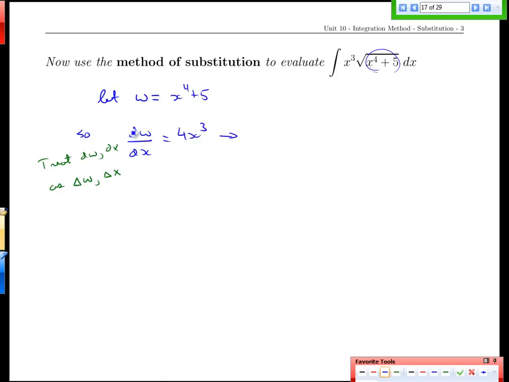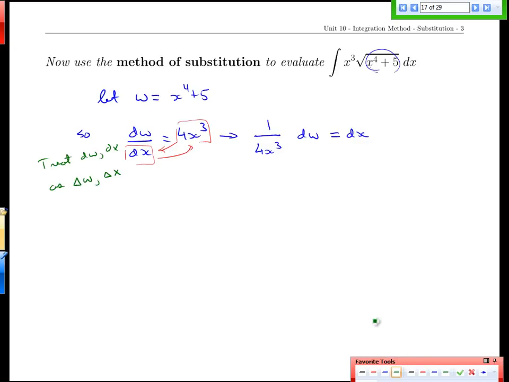Essentially, it's the ratio or the connection between small changes in w and small changes in x. But it means we can actually rearrange these. So we're going to bring the dx up, and bring the 4x cubed down, so that we get 1 over 4x cubed dw is equal to the dx.